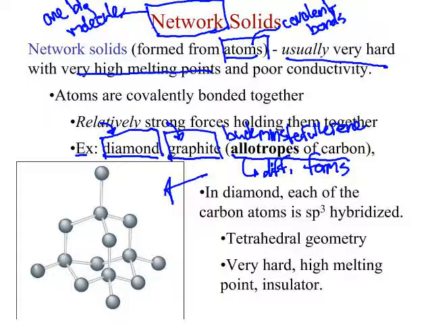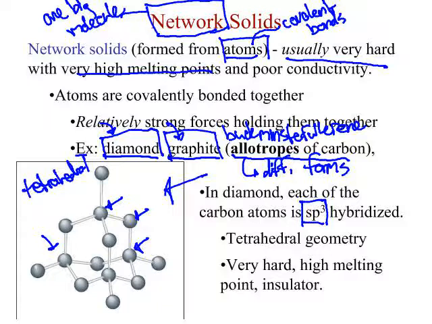If you look at each of these carbon atoms in diamond, and I ask you what is the geometry about each of these carbon atoms, you're going to tell me, well, of course, Mr. Harper, those are tetrahedral. And therefore, the hybridization on each of the carbon atoms has to be sp3, based upon that geometry.